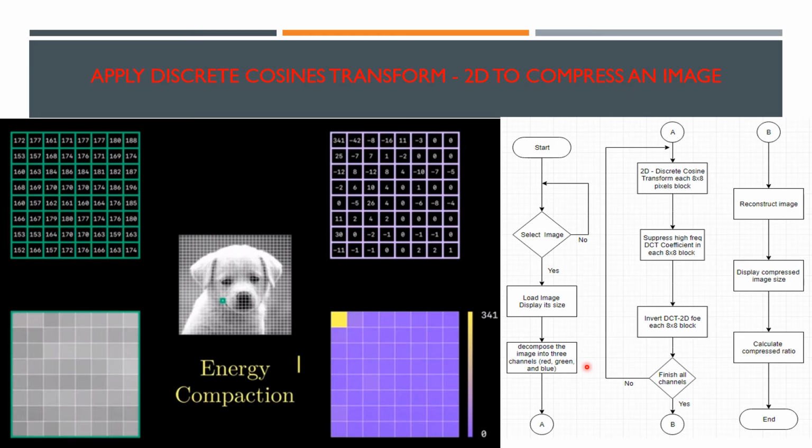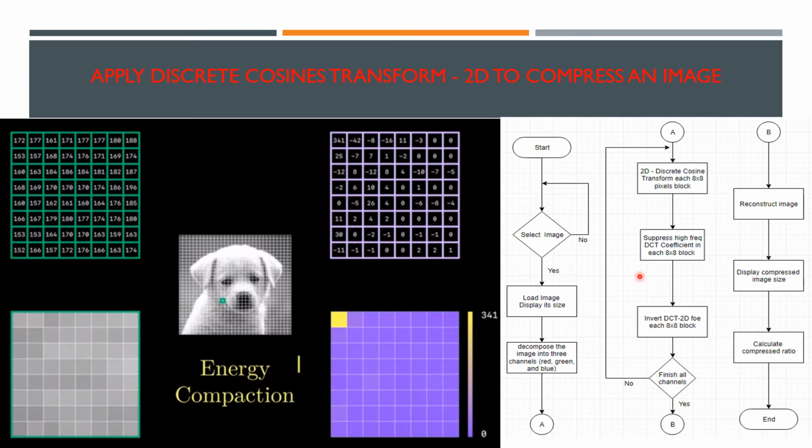We take each channel, choose 8 by 8 blocks on the channel, and do the 2-dimension discrete cosine transform for each block. After this step, we have an 8 by 8 matrix of coefficients, meaning a total of 64 coefficients.